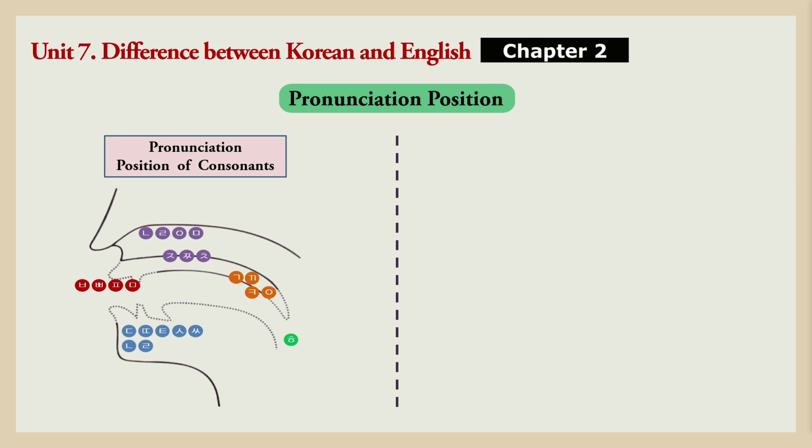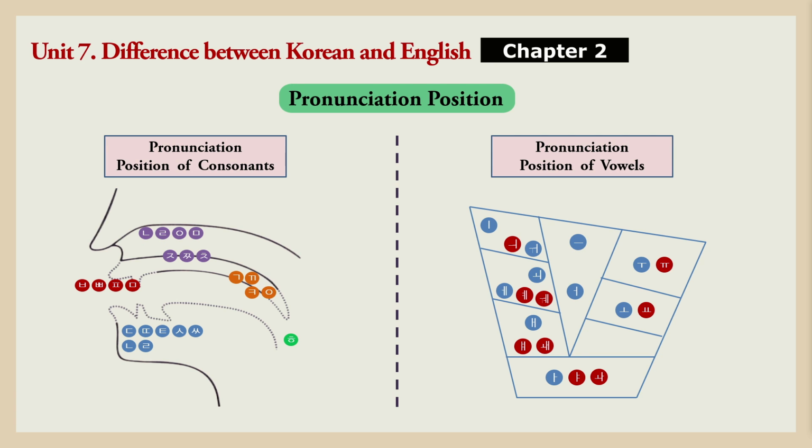It can be seen that sounds come from the nose or mouth at the same time. Look at the picture on the right. This picture shows the position of the tongue. When you pronounce vowels in your mouth, it's pretty complicated, right?